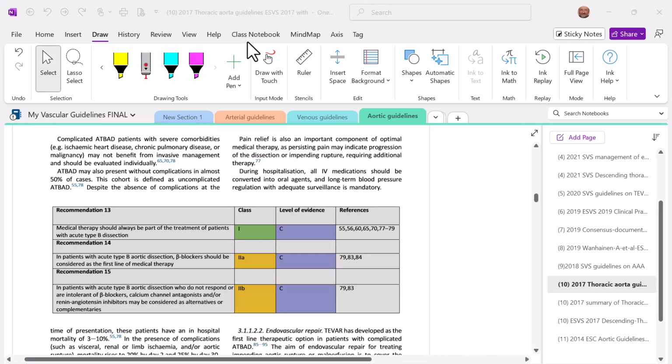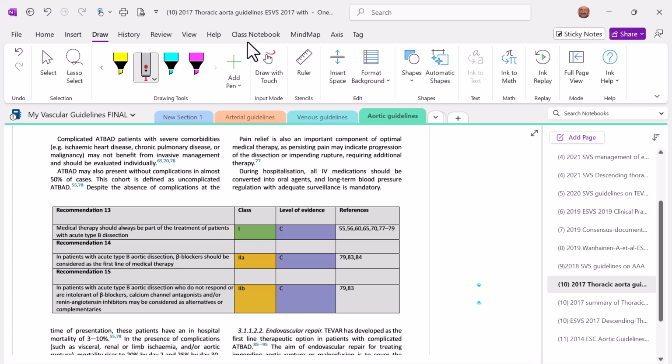Recommendations 13, 14, 15 are very important. They are speaking about medical treatment. Medical therapy should always be part of treatment of a patient with acute type B dissection. And in a patient with acute type B dissection, beta blocker should be considered as the first line of medical therapy.